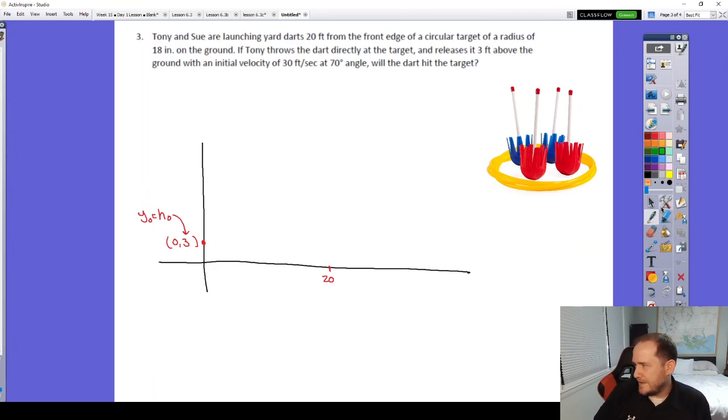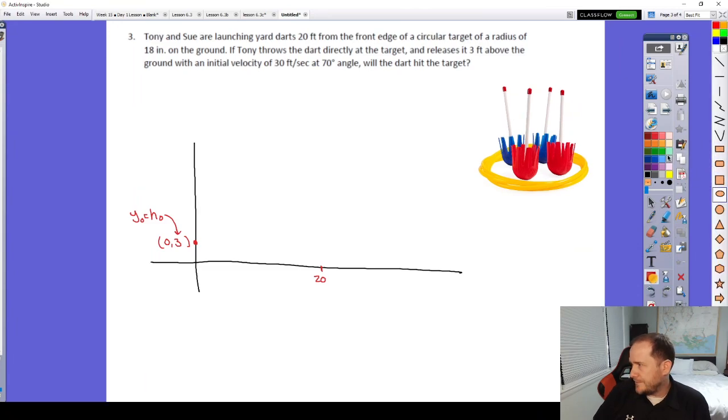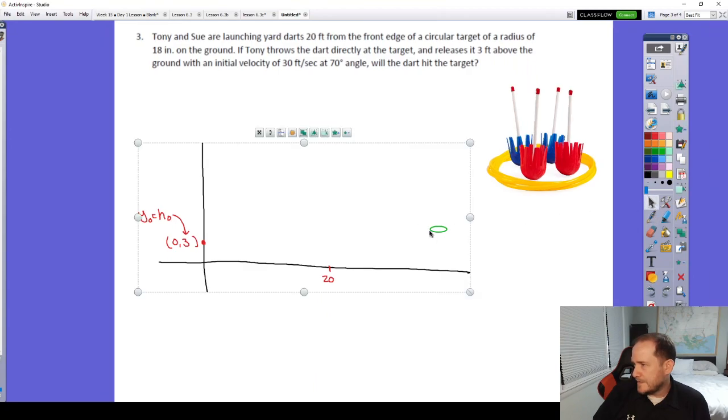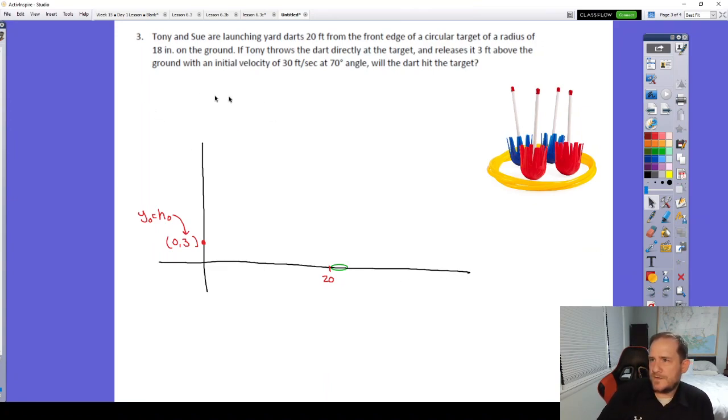Then the idea is 20 feet away is the beginning of the little hoop that you're trying to get the lawn dart to land in. So ellipse, green, maybe it's about that big. So one end is here at 20. Now where's the other end, you might be wondering? Why, it's got a radius of 18 inches. Well, inches are no good. 18 inches is 1.5 feet.